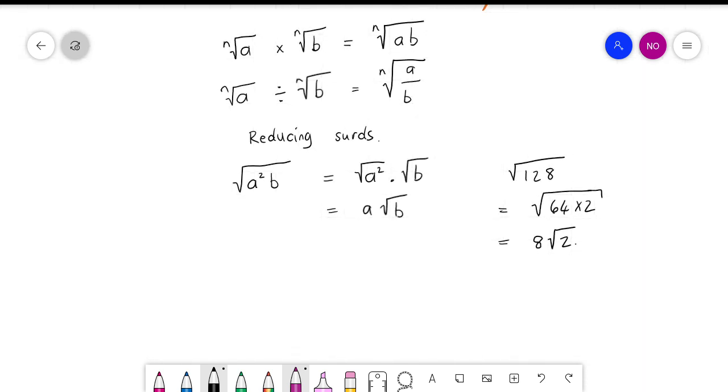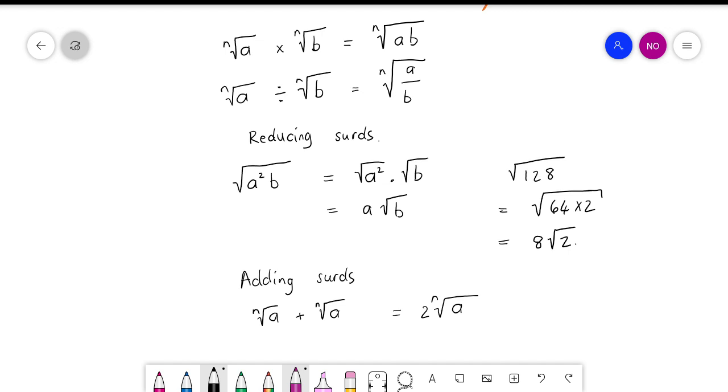Okay, and then adding surds is a bit weird, but I'm going to do that with you anyway. It's almost like when you're adding x's together. So x plus x is mos 2x.